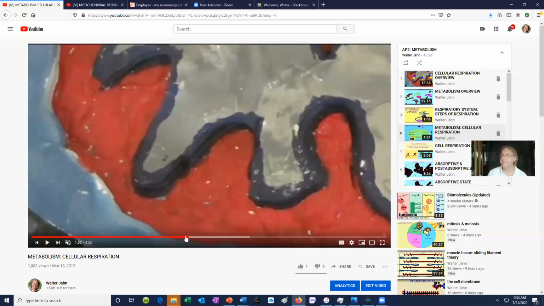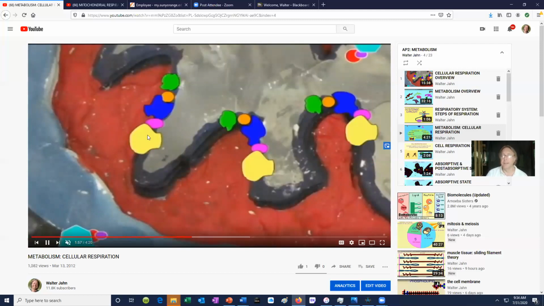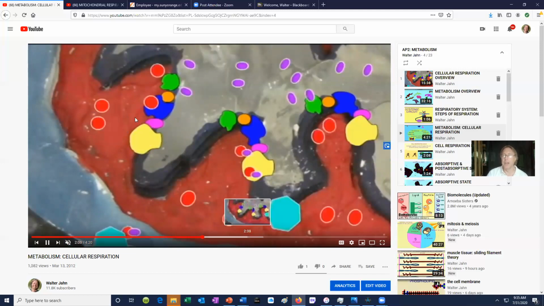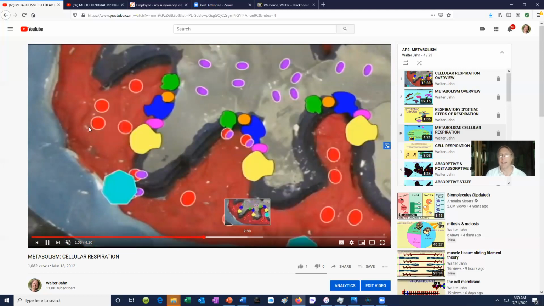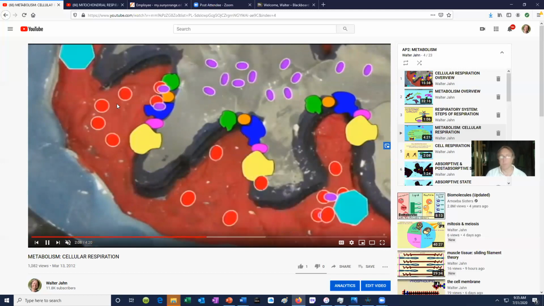Now, the big piece here is if glucose is carbon, oxygen, and hydrogen, once carbon dioxide comes out my nose, I'm obviously getting rid of the carbon and the oxygen. But what happens to the hydrogen? Well, the hydrogen goes to the inner mitochondrial membrane. It gets passed along a series of electron carriers in such a way that the positive part of the hydrogen atom, the proton, is in this space, while the negative electrons are in that space.